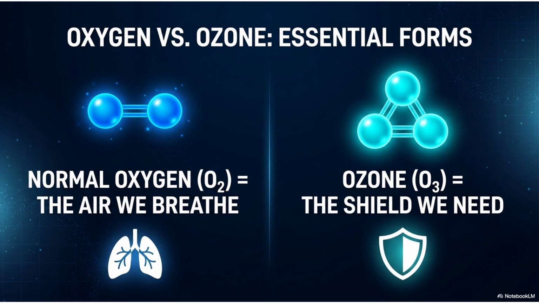That means one ozone molecule contains three oxygen atoms. So remember this simple difference. O2 means the oxygen we breathe. O3 means ozone, which forms an important protective layer in the stratosphere.